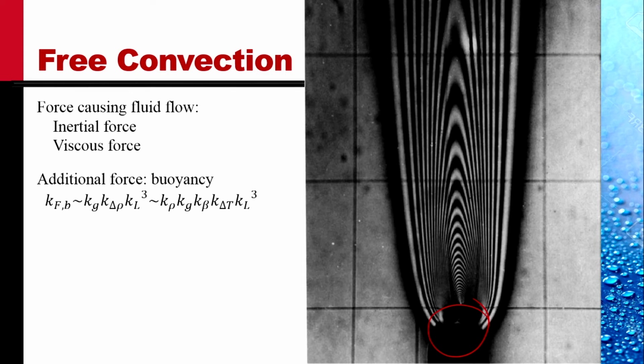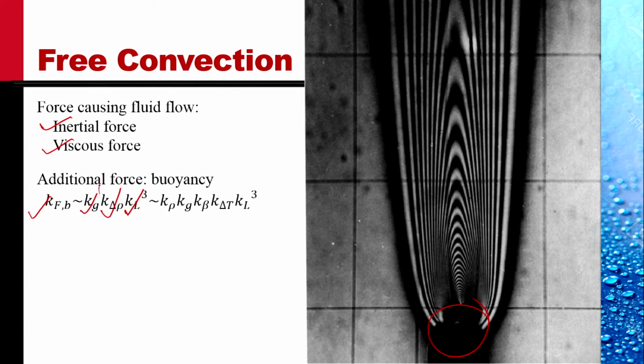Forces causing the fluid flow: the inertia force, the viscous force, and in addition, the buoyancy force. The buoyancy force scale factor would depend upon the scale factor for gravity, the scale factor for density differences, delta rho, and volume, KL cubed.